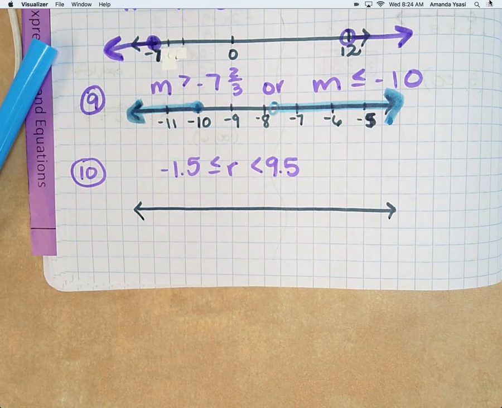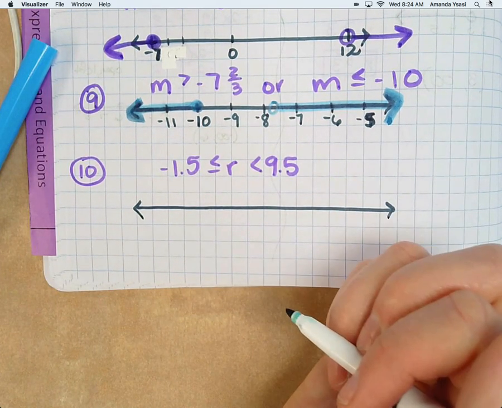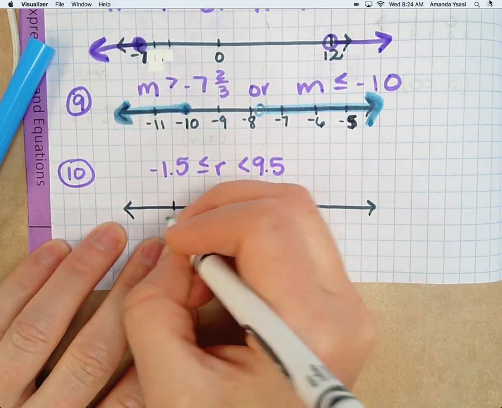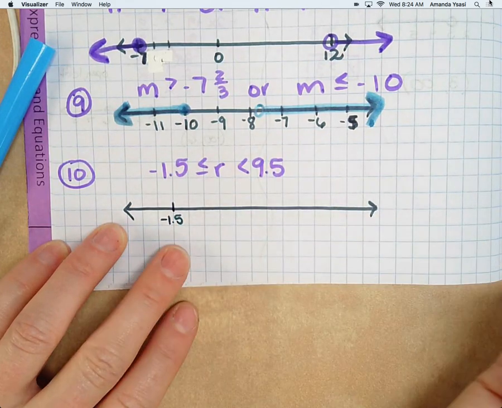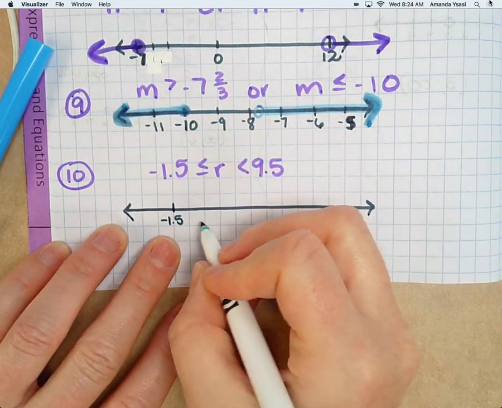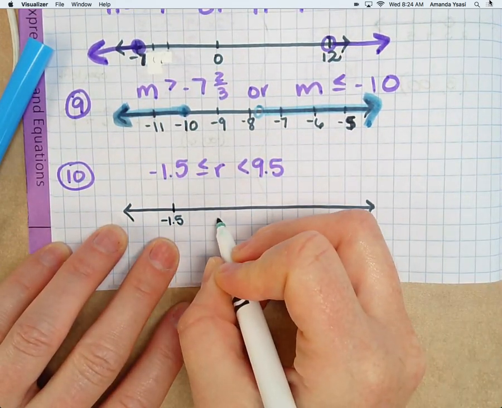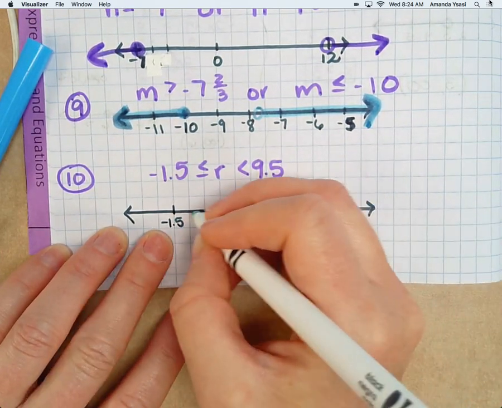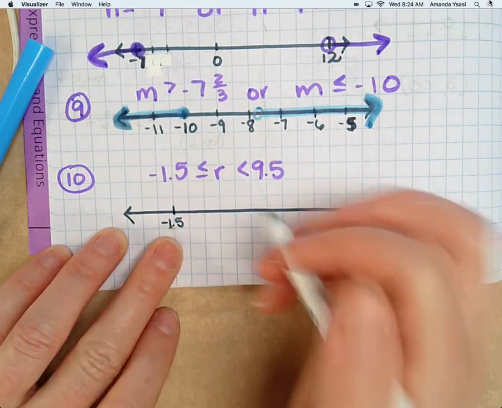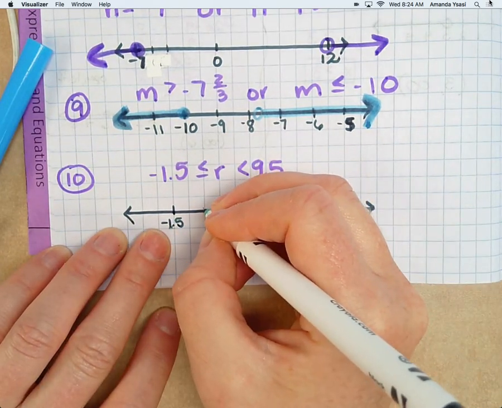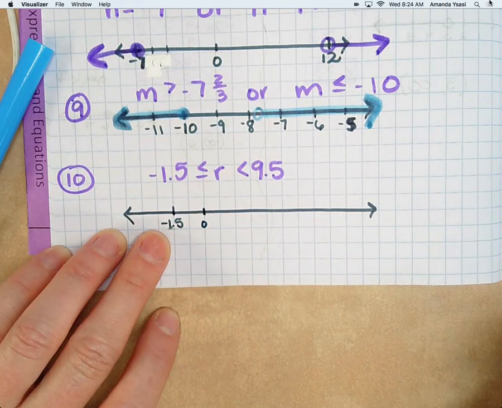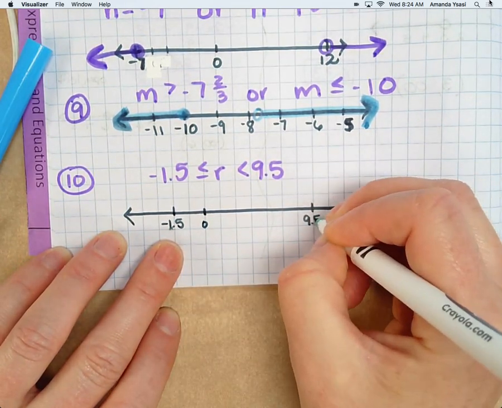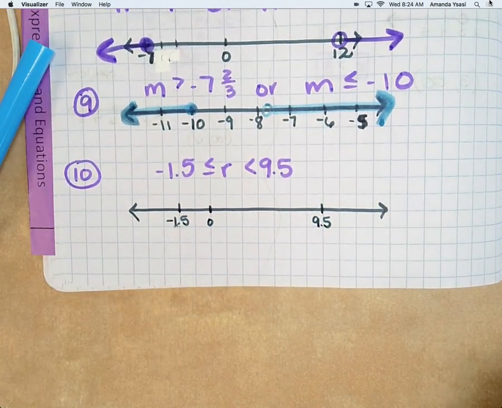So it's an and inequality. So it's everything between those two. So negative 1.5, 2.5, 3.5, 4.5. Oh, it's going to take a while because we're going up to positive. So this would be down to 0 and then back up to 9.5. We're going to kind of guesstimate on the graphing of that.